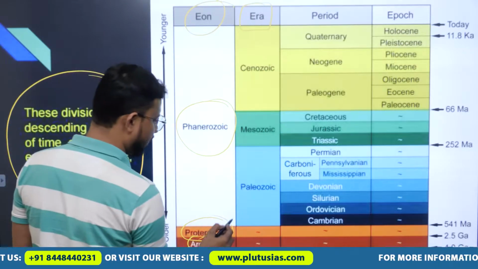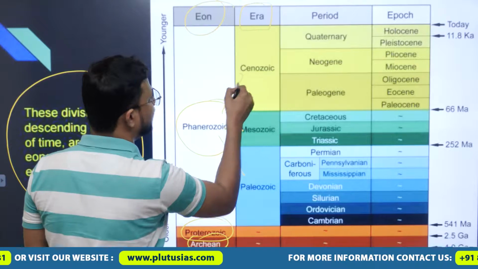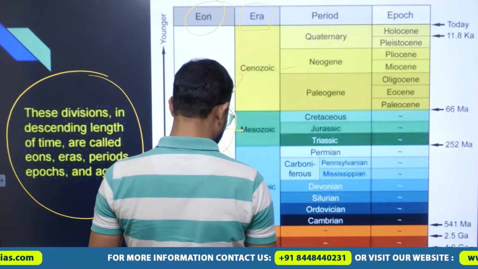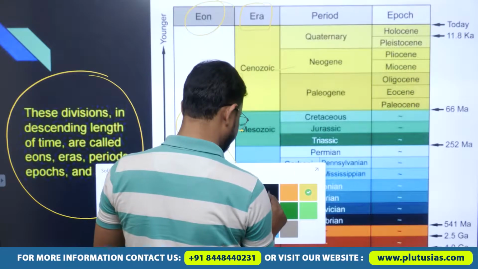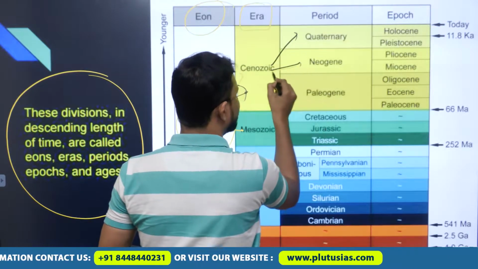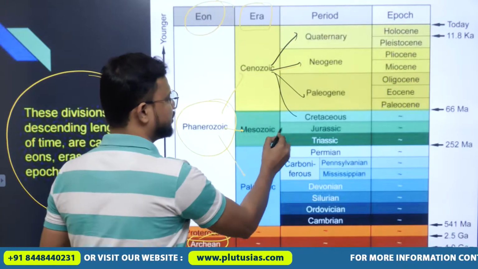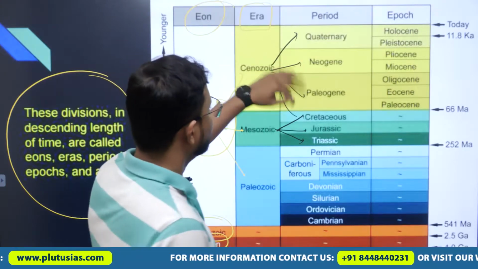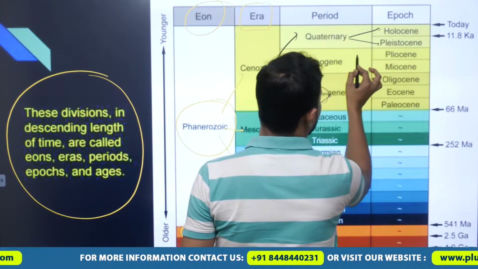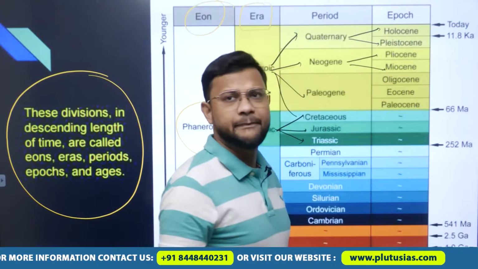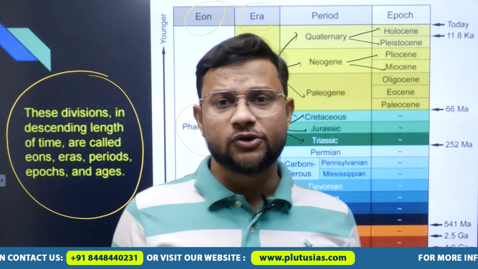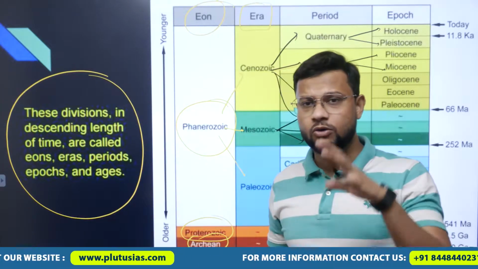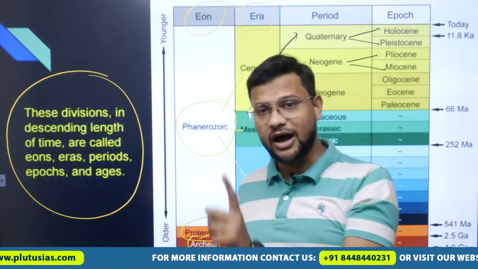Every eon is divided into a few eras, and these eras are further subdivided into a few periods, right? Every respective era has a division into periods, and these periods are divided into epochs. Yeah, epoch. So considering this fact, where are we standing now in the overall Earth's geological history? Where are we right now?